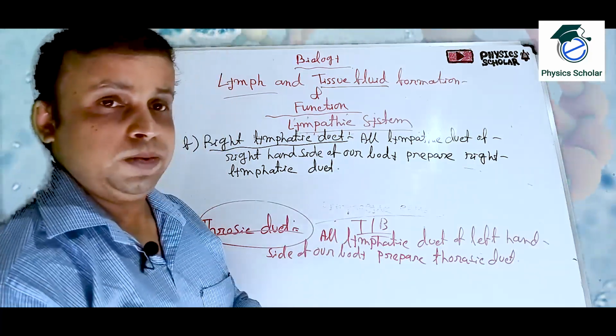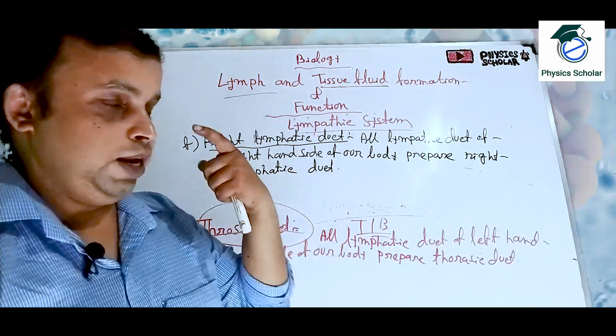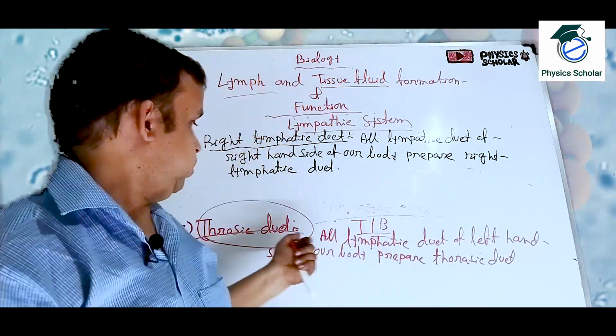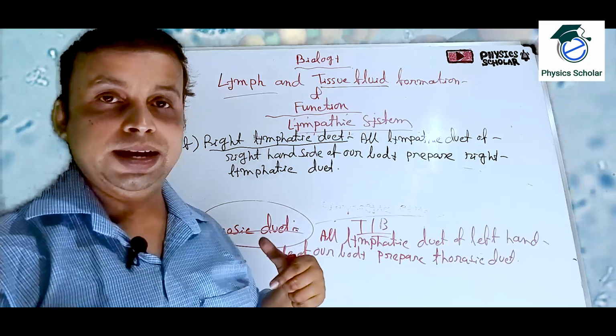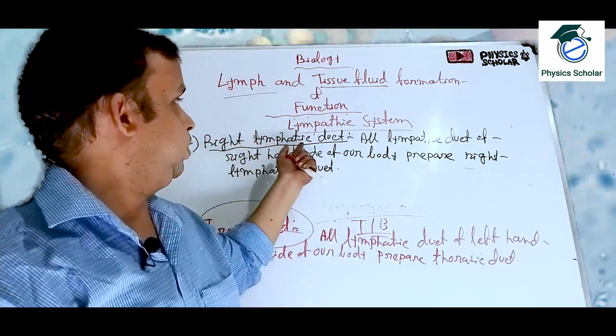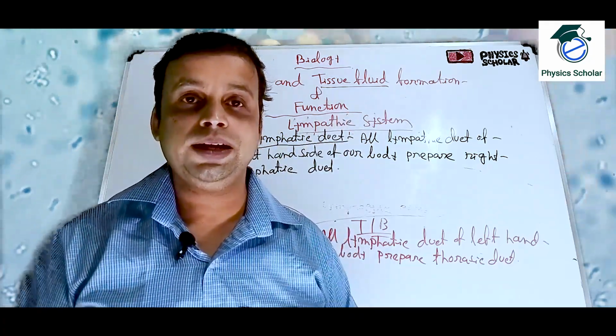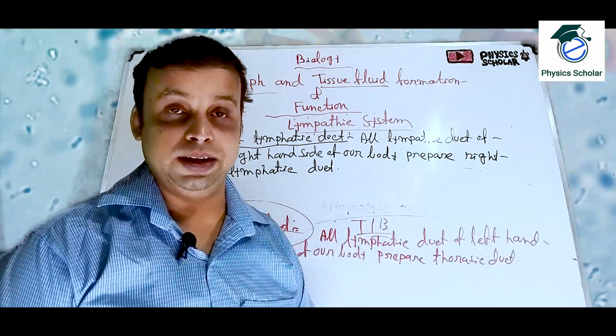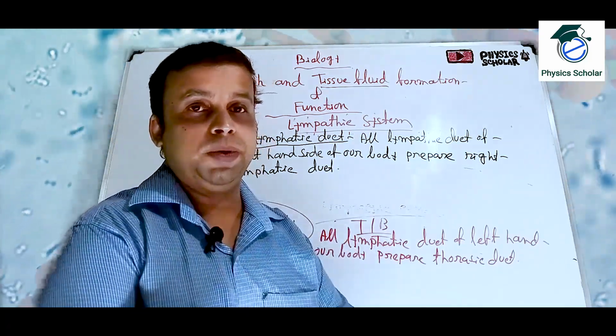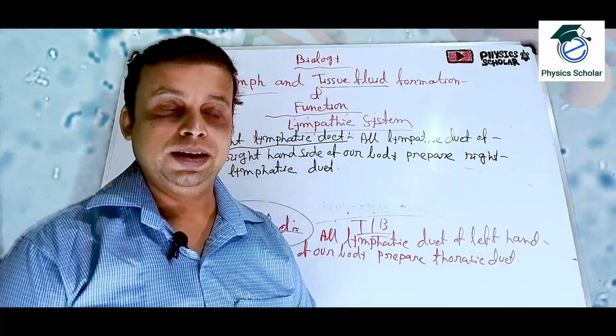So the left hand side lymphatic ducts prepare the thoracic duct, and the right hand side prepares the right lymphatic duct, and both the ducts will open into the subclavian vein, clear?